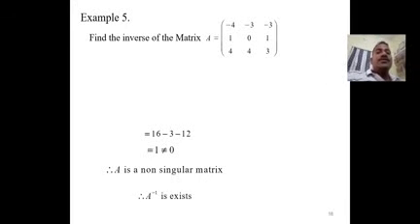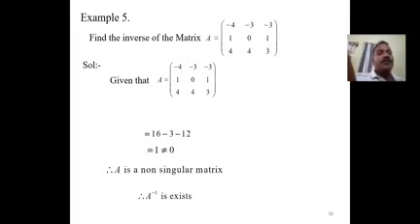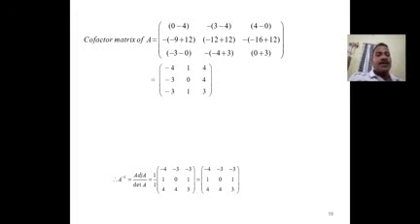Now one more example: inverse of A is equal to minus 4 minus 3 minus 3, 1 0 1, 4 4 3. So first we'll find the determinant of A. The determinant of A is 1. Therefore A is non-singular, so A inverse exists. Now we'll take the adjoint of A. The adjoint of A is obtained from the cofactor matrix, where elements are replaced by their corresponding cofactors: minus 4 1 4, minus 3 0 4, minus 3 1 3.